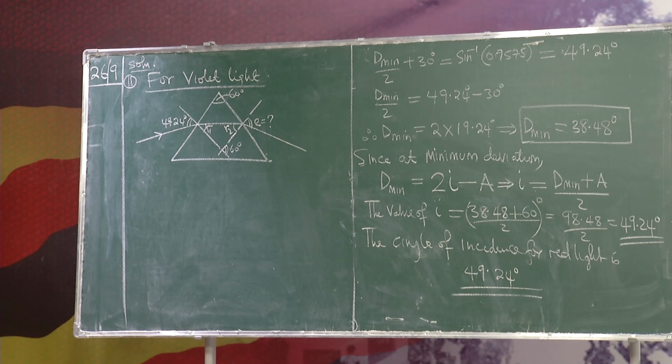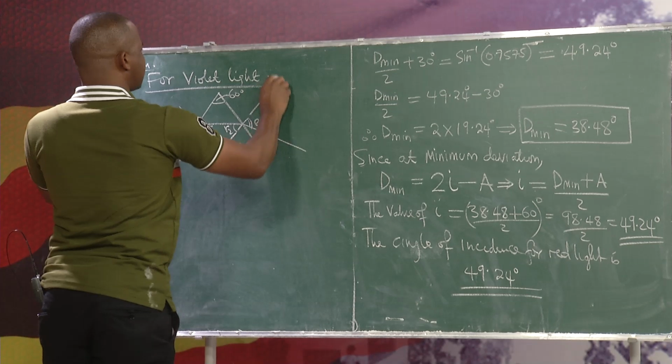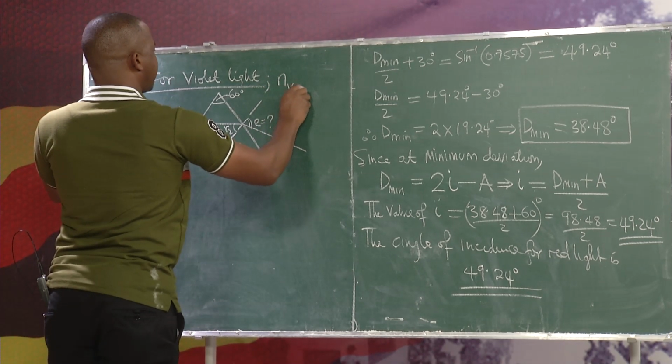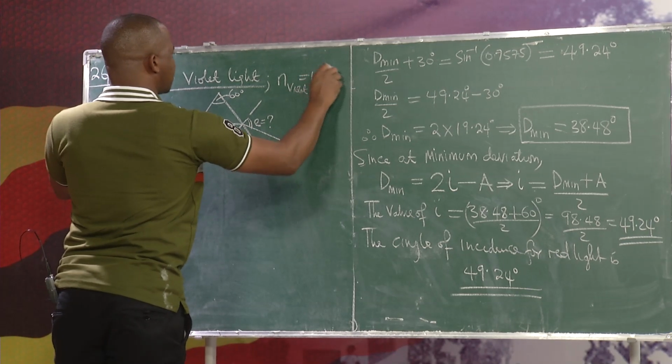we are aware that we are dealing with violet light, and the refractive index of violet light has been given as 1.529.